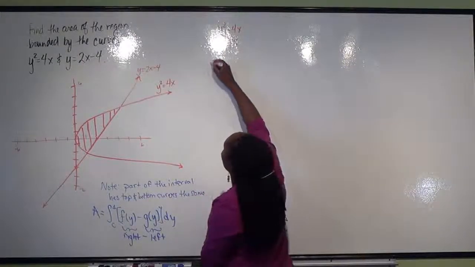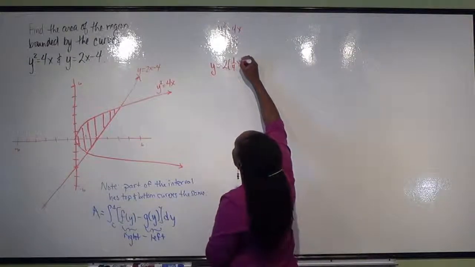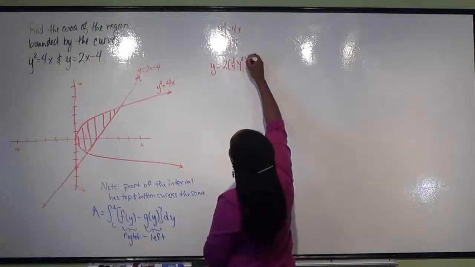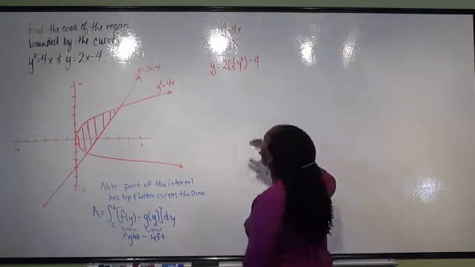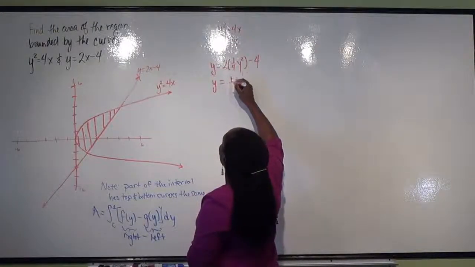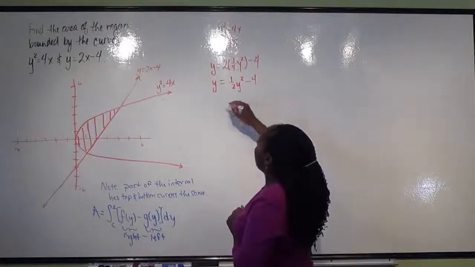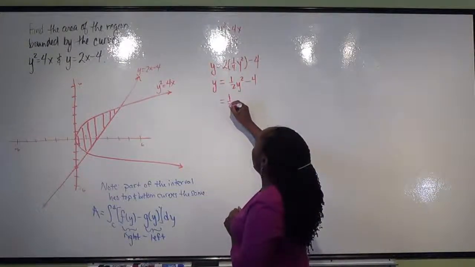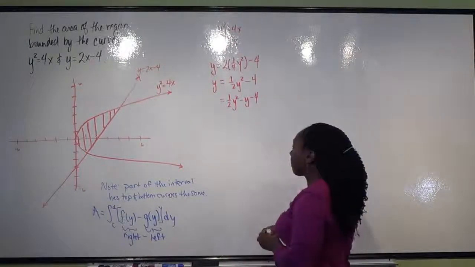So I can plug that into my other equation and solve for y. Okay, so here we'll get y equaling 1/2 y squared minus 4. Moving everything to one side, 1/2 y squared minus y minus 4.